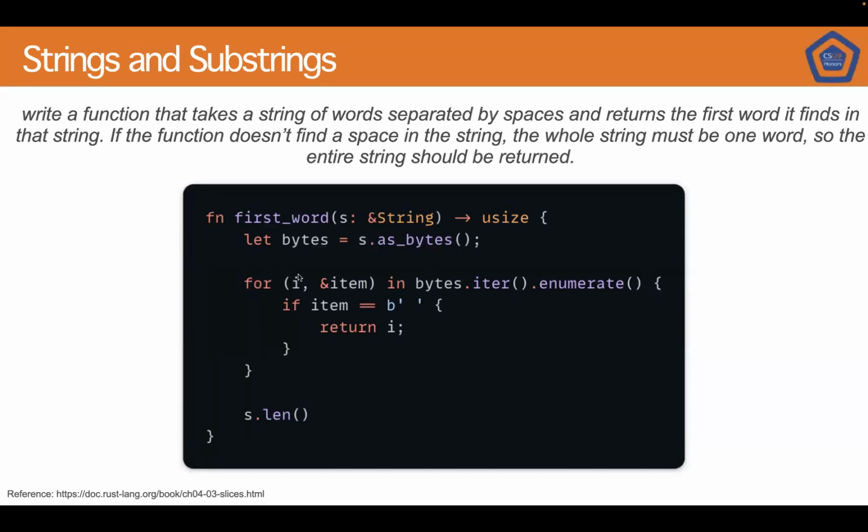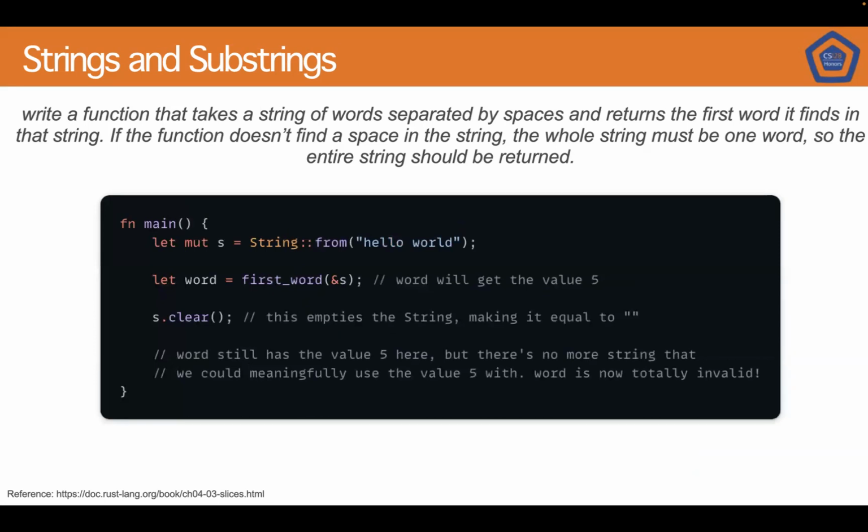The first element in the tuple is the index, and the second element is a reference to an element in bytes. Inside this for loop, we can search for the byte that represents the space by using this byte literal syntax. If we find a space, we can return the index, the position. Otherwise, we can return the length of the string using the len method.